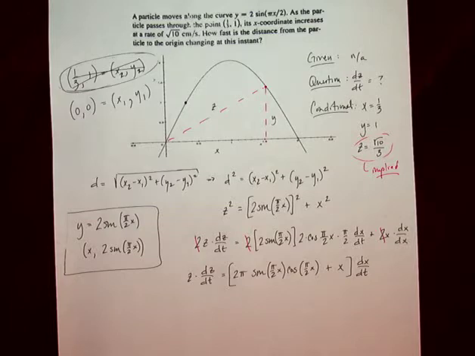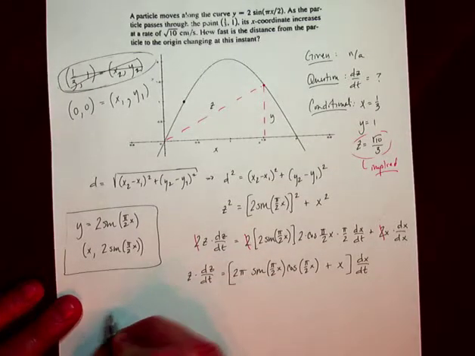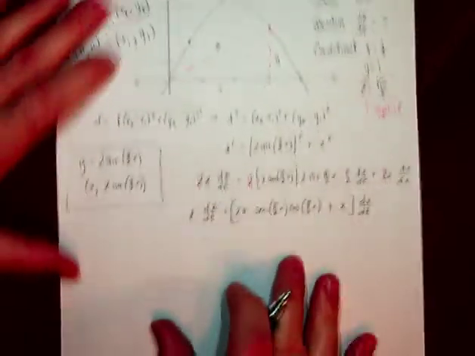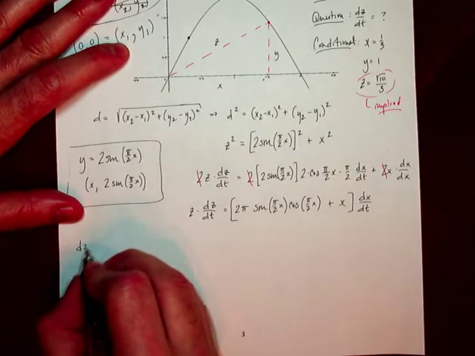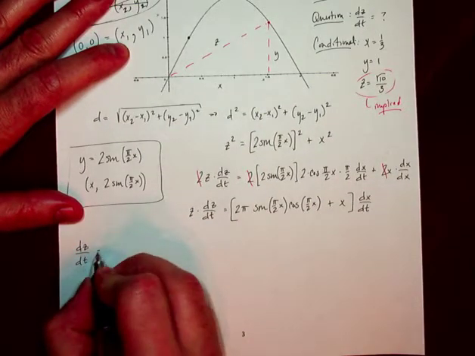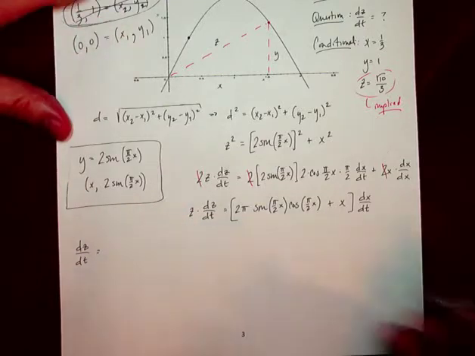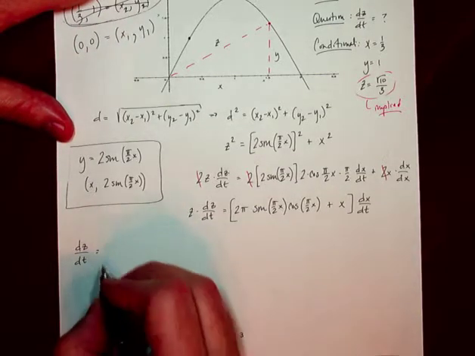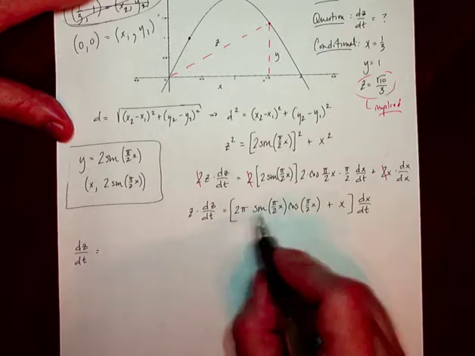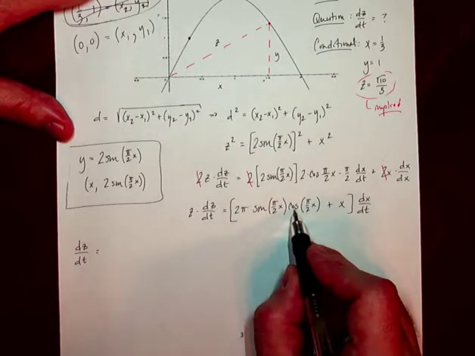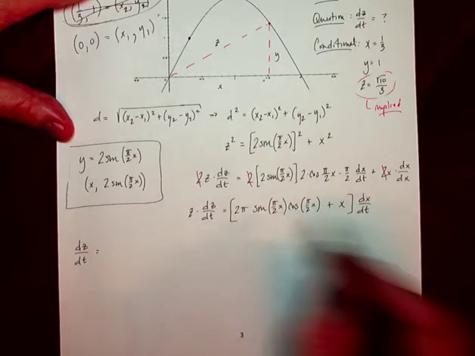Now, remember, I'm looking for dz dt. So let me go ahead and start way over here. The notation is sticky, but it's burdensome, but there's nothing in here that you don't know how to do, right? And you could take the 2, the sine, and the cosine and use the double angle. I'm actually going to go ahead and do that.